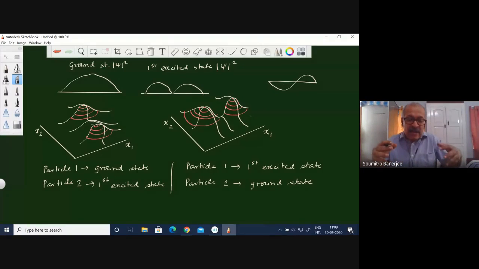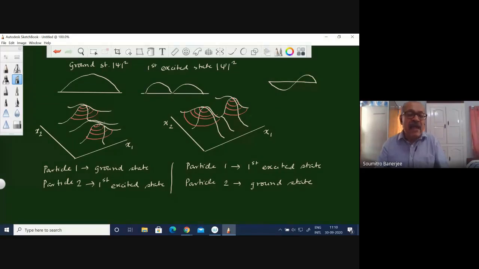And if you draw the probability distribution, you are looking at a mountain, but in the case of the two-dimensional thing, they will actually be two mountains. And the tops of the two mountains are the places of highest probability of finding the particles. That will be like a surface, and that surface will have two peaks oriented this way.